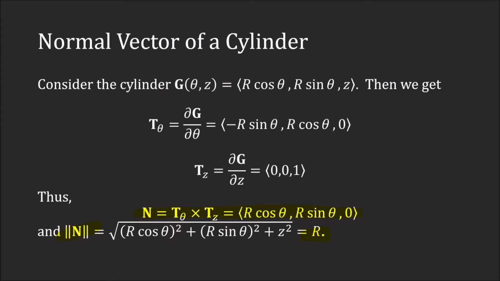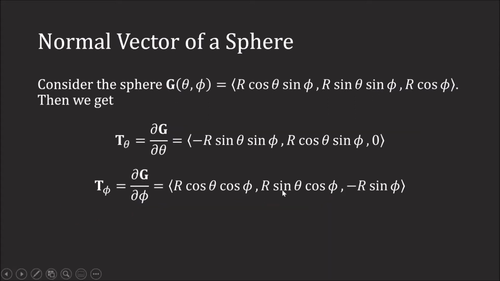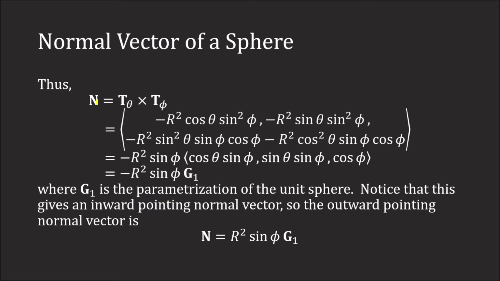If we now consider the sphere, given by this, this is what we'll get for T sub theta, and this is what we'll get for T sub phi. Then if we take a look at the normal vector n, we get this value right here. However, this is inward pointing. So if we want outward pointing, this is what we're going to wind up with.